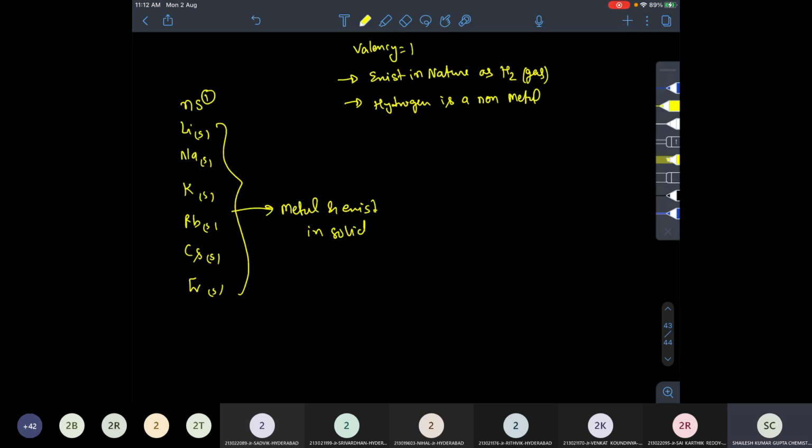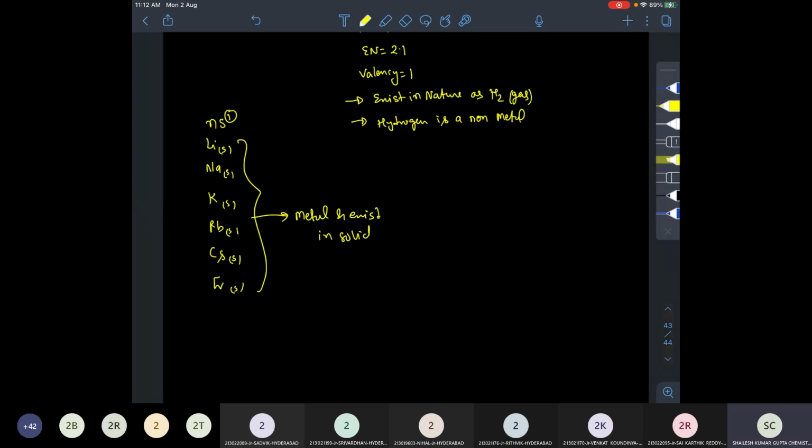Now let's look at the other group: fluorine, chlorine, bromine, iodine, astatine. What is the property associated with them? You can see that this exists as F2 gas in nature, this exists as Cl2 gas. Bromine, you know, is a liquid, I2 is a solid, and these two are radioactive.